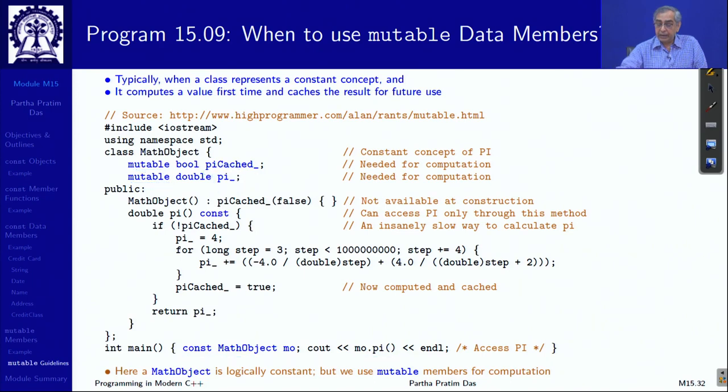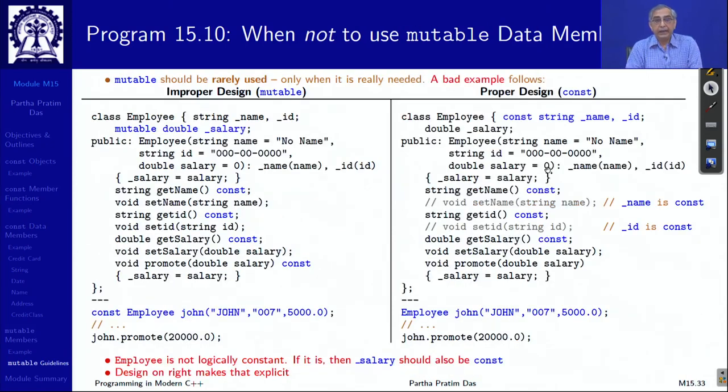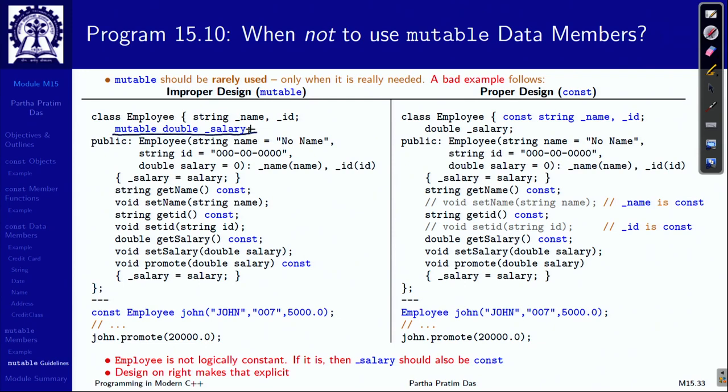Naturally, these are somewhat advanced, risky design concepts, so you have to use them properly. The second example I show is when not to use mutable. Suppose you have an employee class and you say mutable double salary, because the name cannot be changed, the ID cannot be changed.